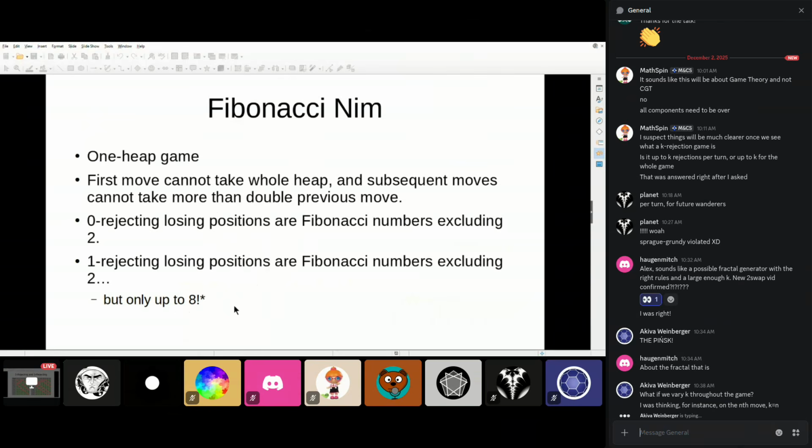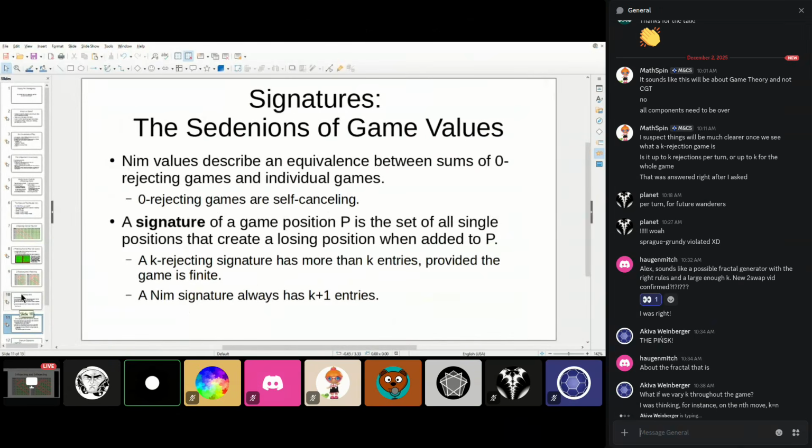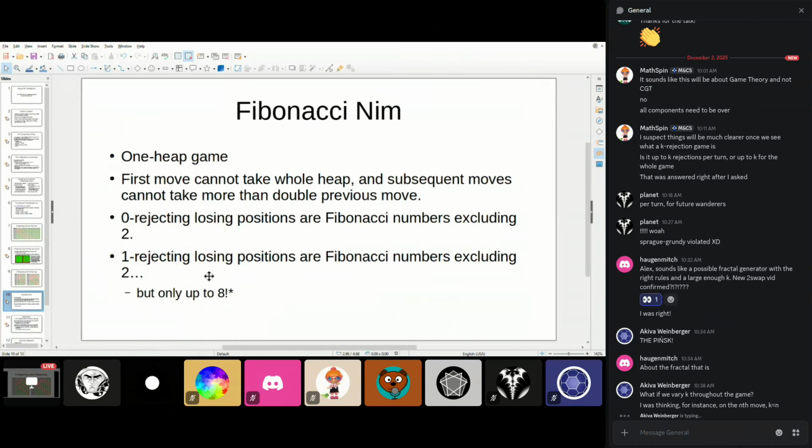21 doesn't show up. Can you explain why 2 is not a losing position in 0 rejecting? Don't you have to take 1? And then your opponent maybe takes the remaining one? Yeah, and then you lose, right? No, maybe I was wrong to put that. Wait, oh crap, if you take 1, then your opponent takes 1, and then you lose. So 2 is losing.